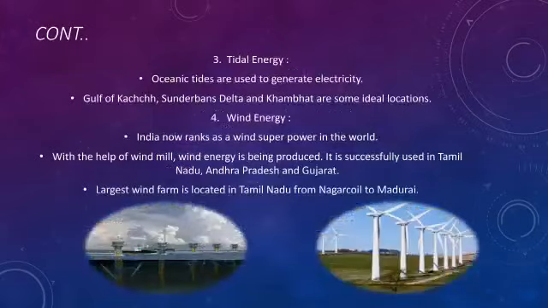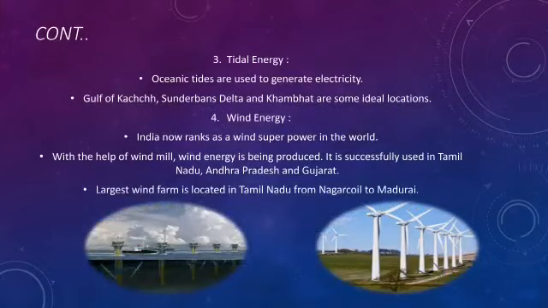Number 3, we have tidal energy. Oceanic tides are used to generate electricity. Gulf of Kachchh, Sunderbans Delta and Khambhat are some ideal locations for producing tidal energy. Number 4, wind energy.